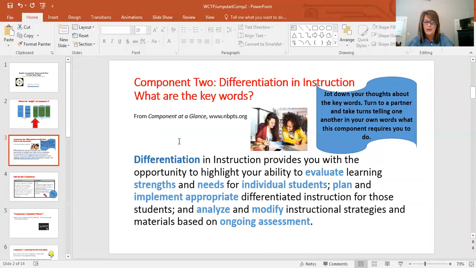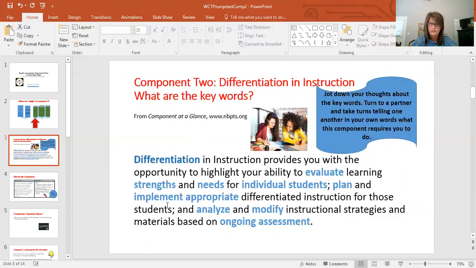So that's the weight of it. And so what's it all about? What's the big picture? Well, it's differentiation. Typically you choose 1 or 2 students. Your directions will tell you how many. And then you highlight your ability to evaluate the students' learning strengths and needs, to plan and implement appropriate differentiated instruction for those students.